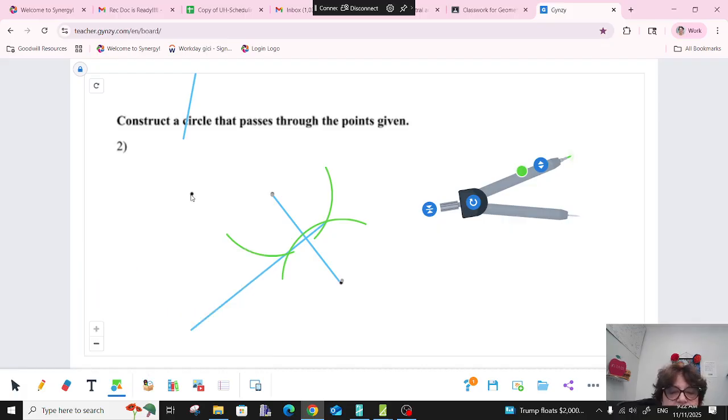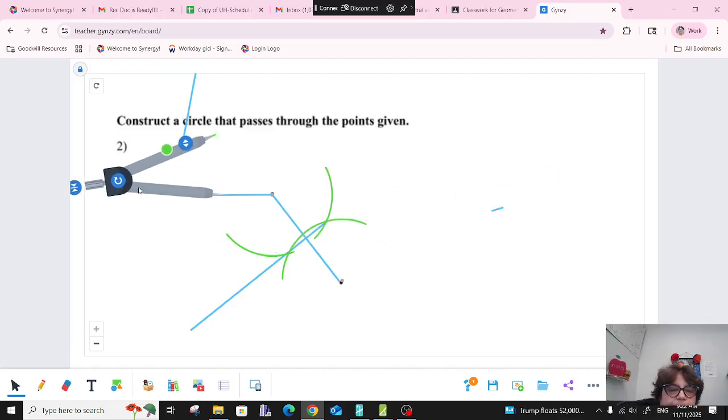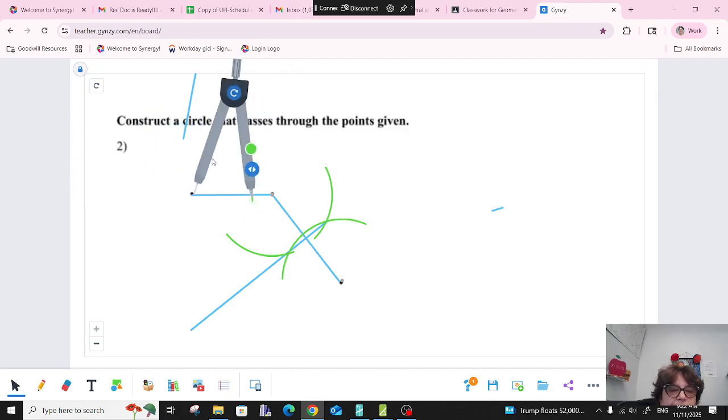Now the next line, I would connect the other two. I do the same thing. I have to find the perpendicular bisector of this line. Make sure you're a little bit over half.